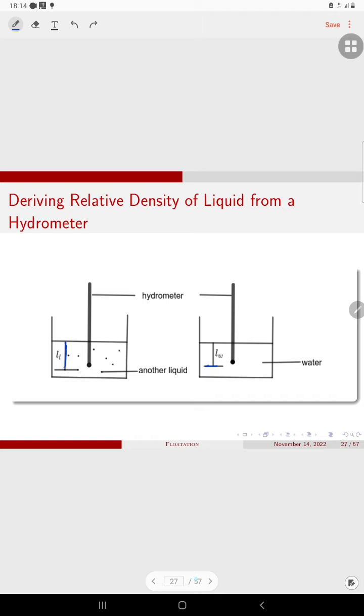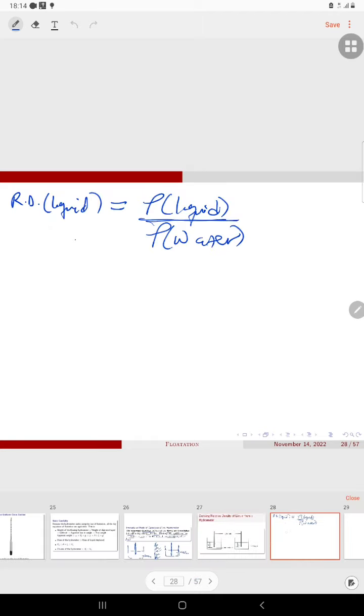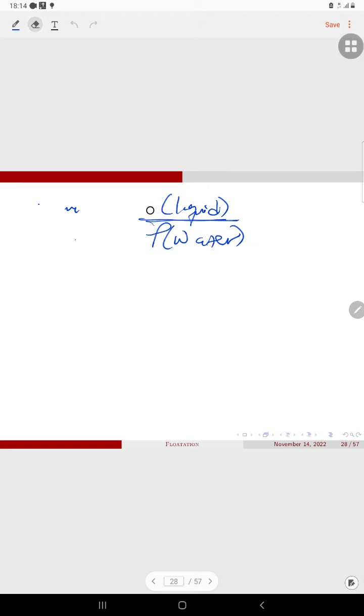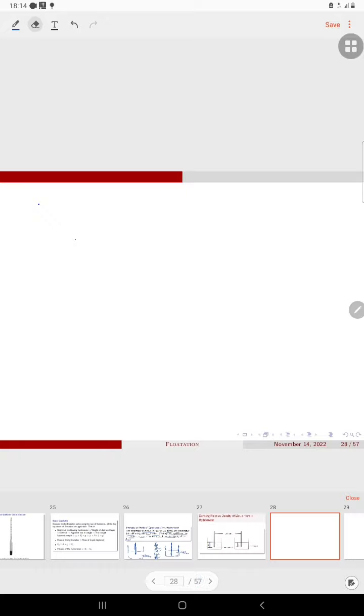What do we do here? That is our focus. I want us to derive an expression for that. So how do we start it?